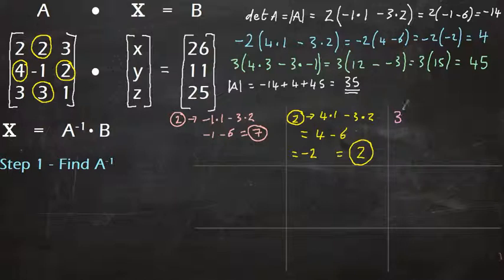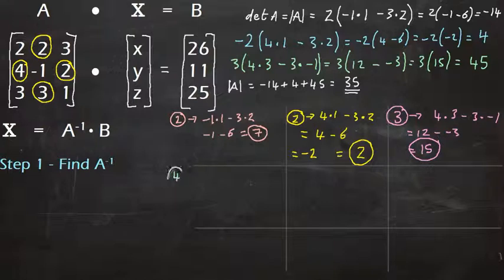Element 3 gives us 4 lots of 3 take away 3 lots of minus 1, which is equal to 12 take away minus 3, which equals 12 plus 3, which is 15. So that's the cofactor for element 3.